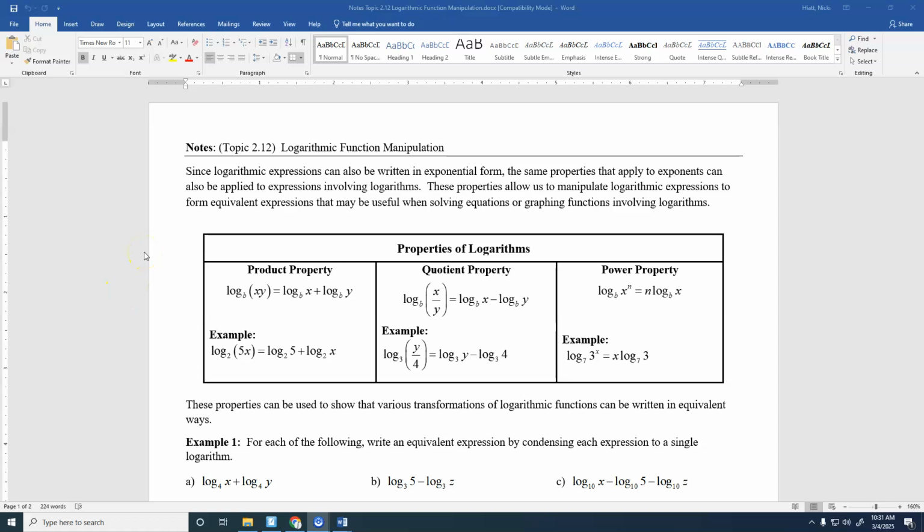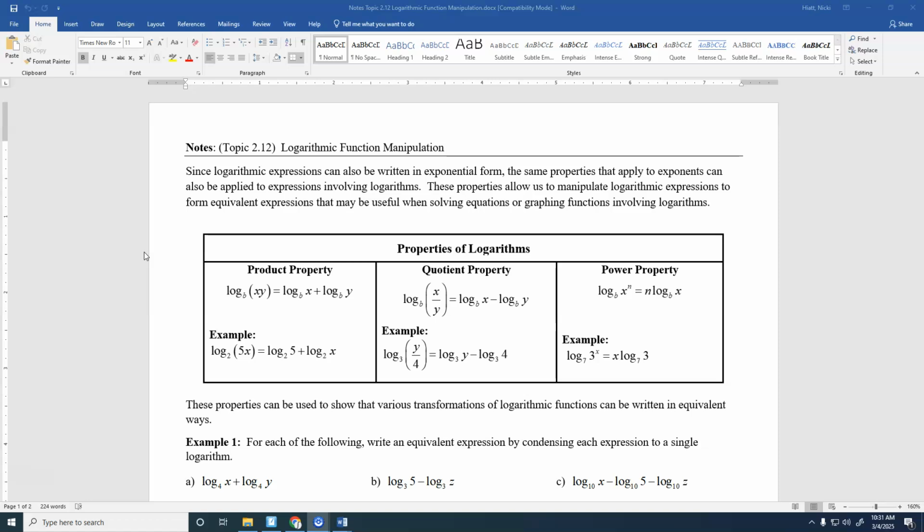Okay, so for log function manipulation, there are three main properties of logs that we have to know, and we can use those to combine logs or break logs back apart. This is a skill that you just need to know for being able to solve equations.